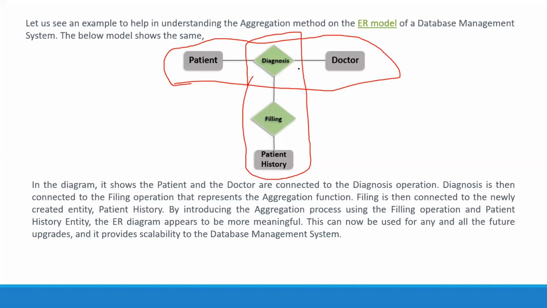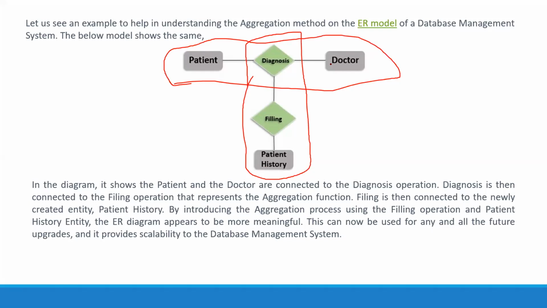Normally we would draw a simple ER diagram: patient, diagnosis, doctor. But when there is a patient history relationship, then the doctor will diagnose the patient easily.